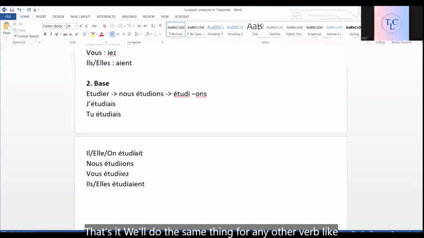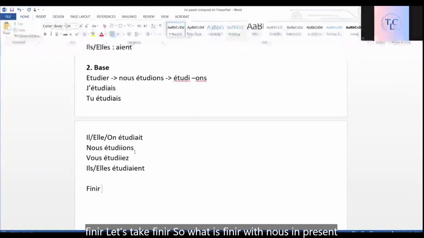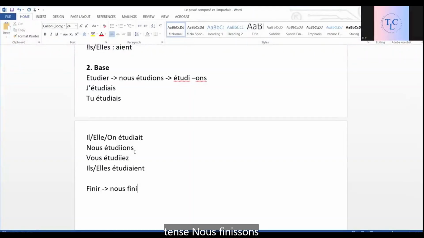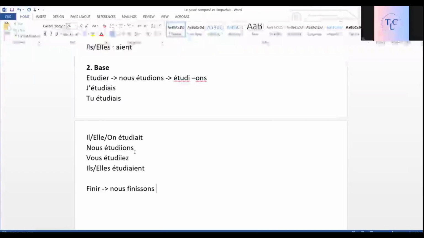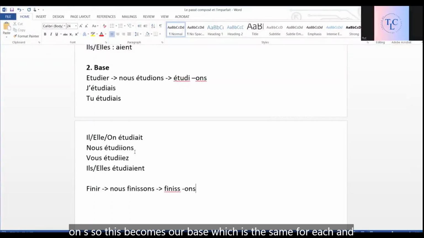That's it. Okay, we'll do the same thing for any other verb like finir. Let's take finir. So what is finir with nous in present tense? Nous finissons. Okay, so here we follow the same pattern. We remove the ending ONS. So this becomes our base, which is the same for each and every subject.